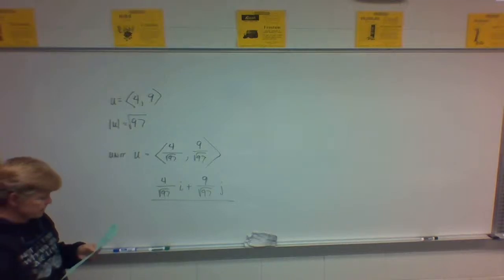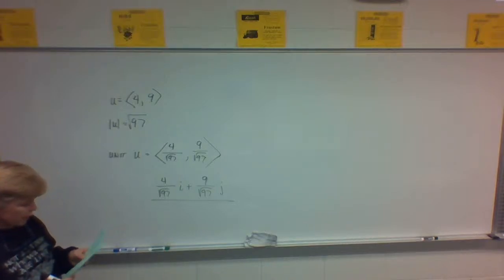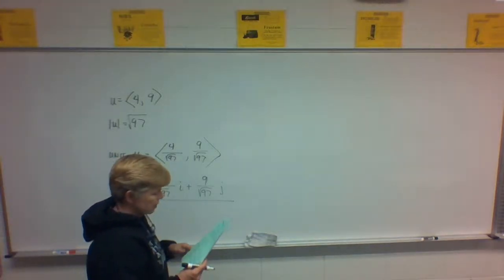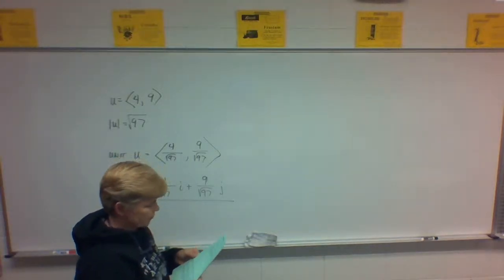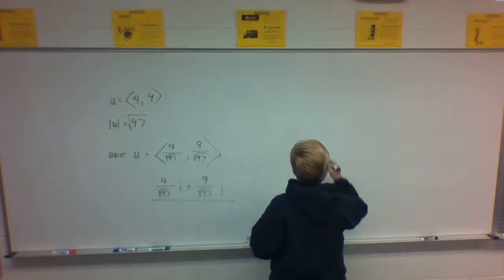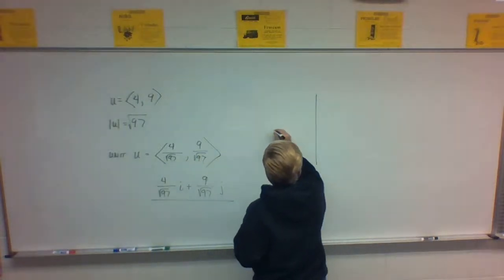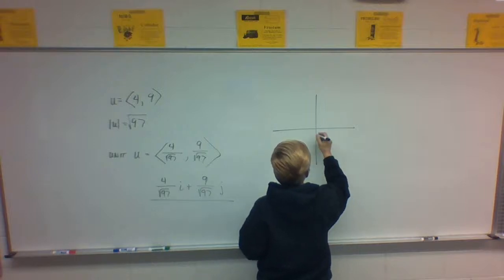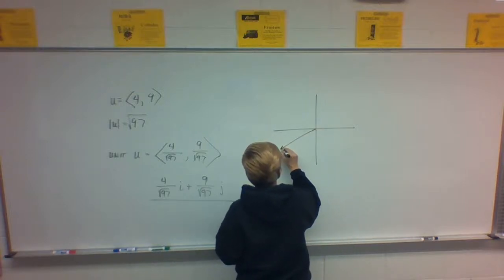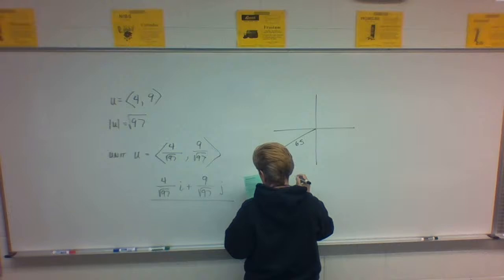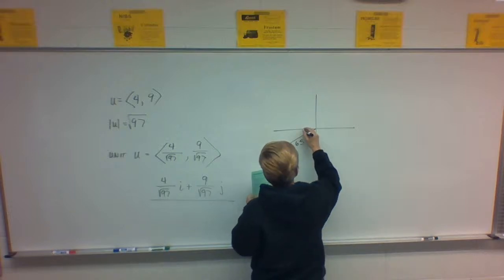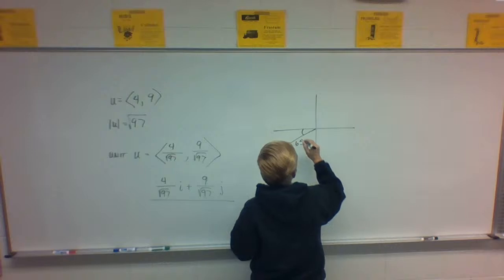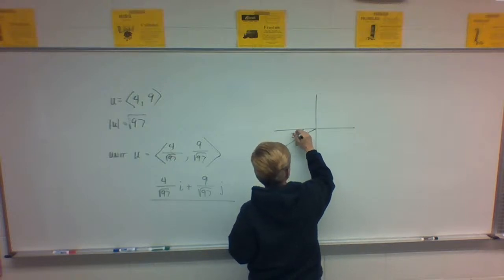Yeah, okay, next. Number 4 gives you a picture of a vector on an XY grid, and it says, find the component form of vector v. Something like this, maybe, put a 65 on it, and an angle right here that is 35.